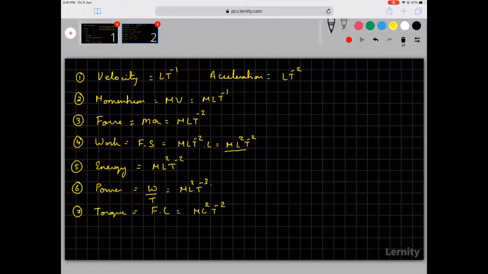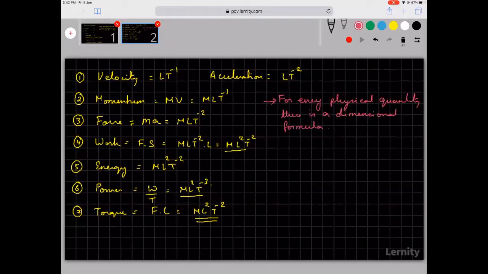Okay, so like this, for every physical quantity, there is a dimensional formula.